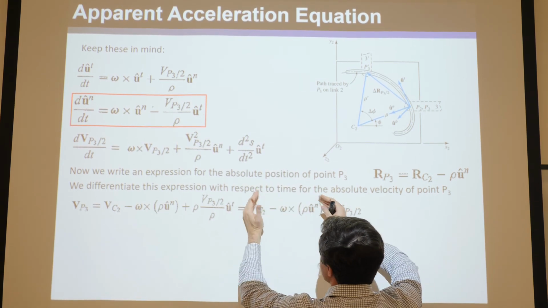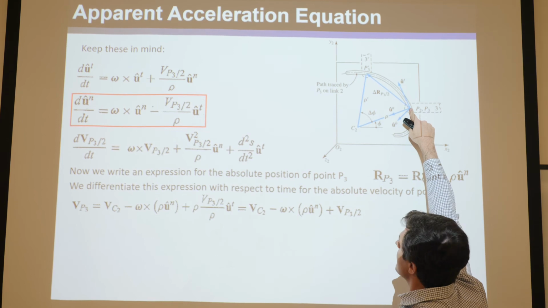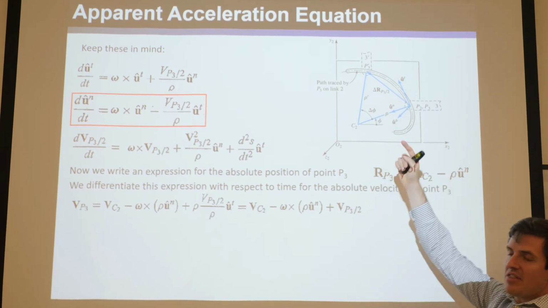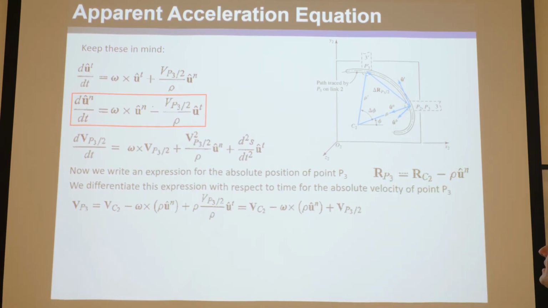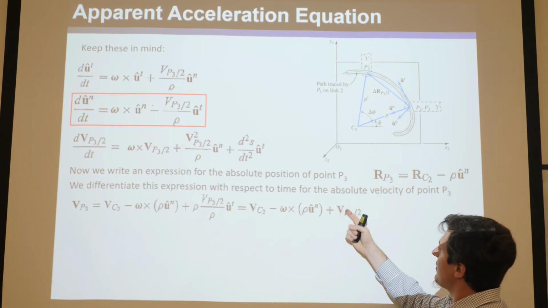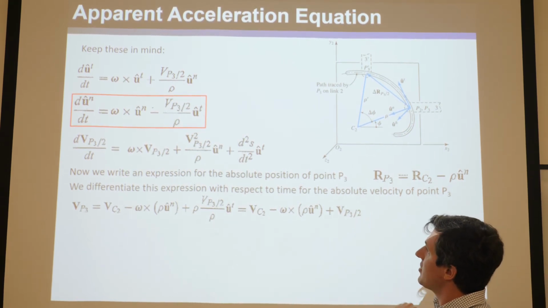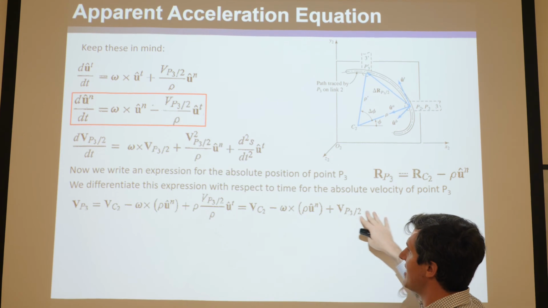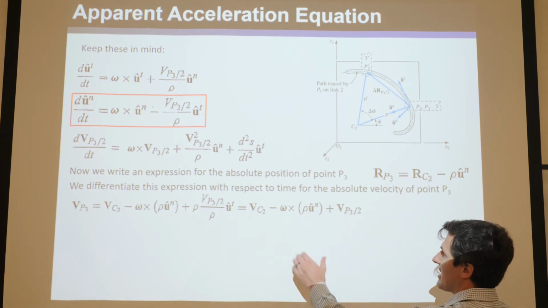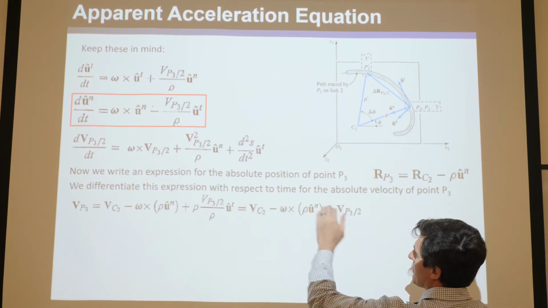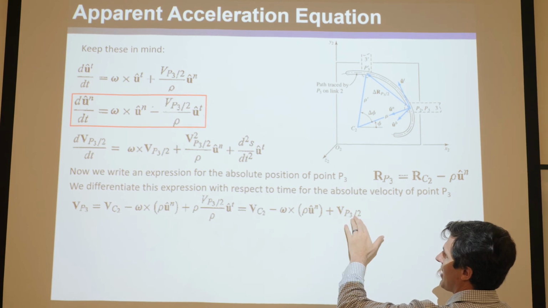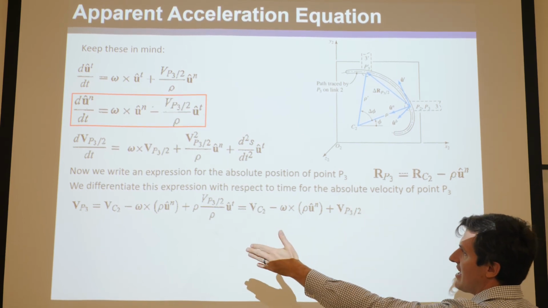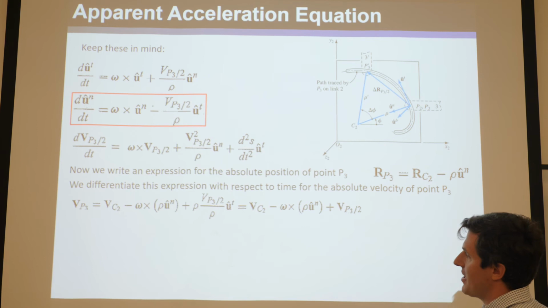All this stuff is essentially getting from there to there, where that's P2. But again, P3 is coincident on top of P2, so now you have to add the velocity of P3 relative with respect to 2. This is the apparent velocity equation. You take the velocity of P2 plus the apparent velocity of P3 relative with respect to 2, and you get the absolute velocity of P3.